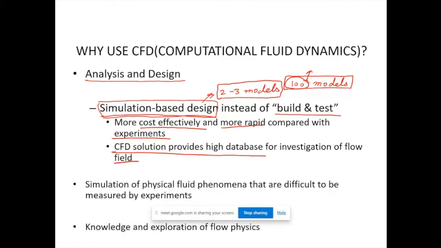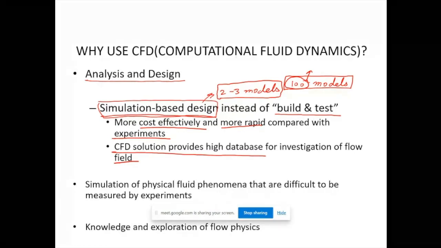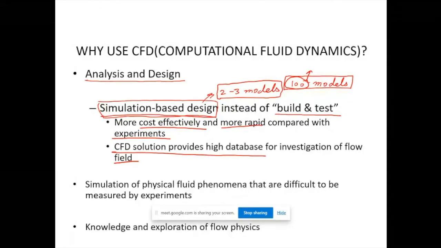Then only you can get the information at that point inside the fluid domain. But using CFD, you can get the information at any point and any parameter. Whatever flow parameter you know, any flow parameter value you can get at any point.